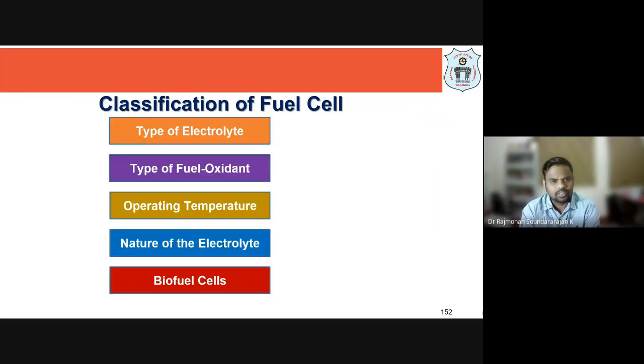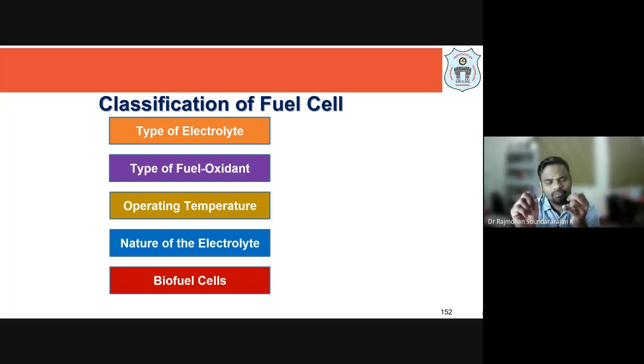Just go through it. Okay, so coming to the classification of fuel cells, if you look at the different components that are present, we are supplying fuel, which is hydrogen, or it may be a hydrocarbon. Okay, and we are supplying oxygen or air, which is the oxidant.